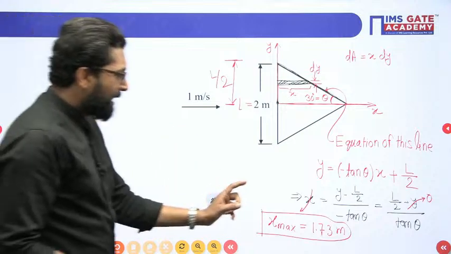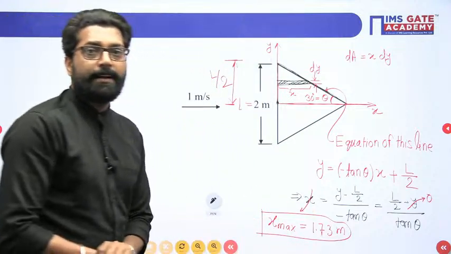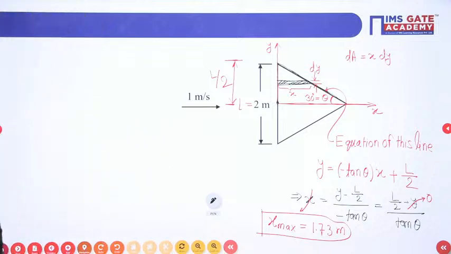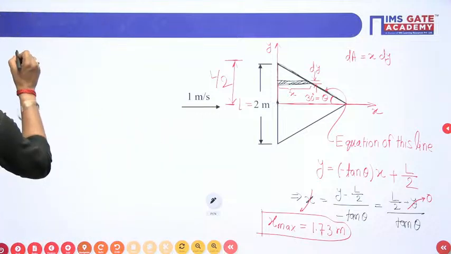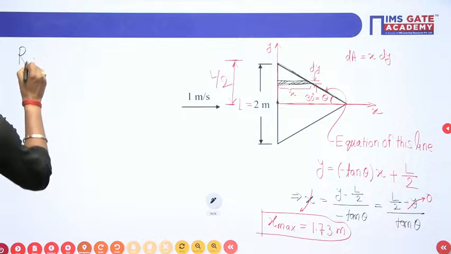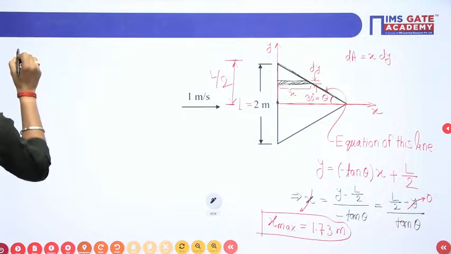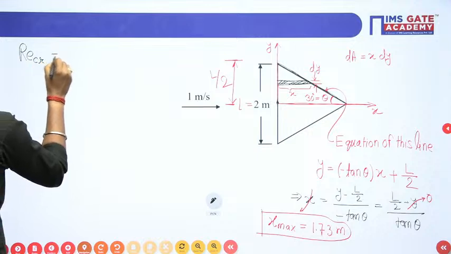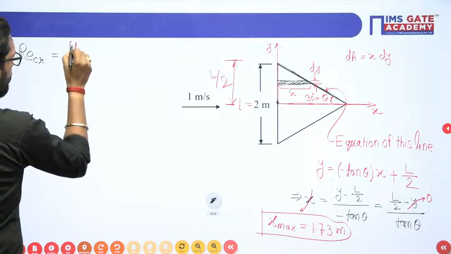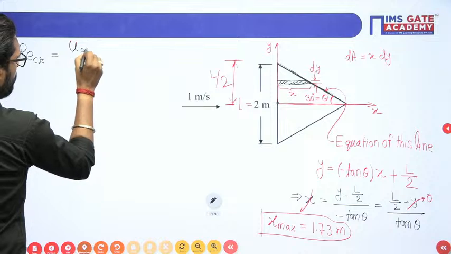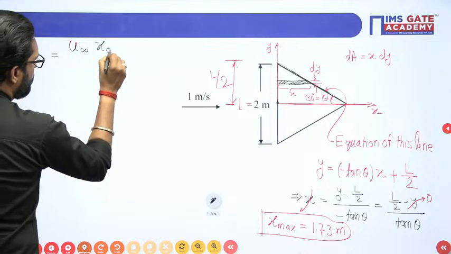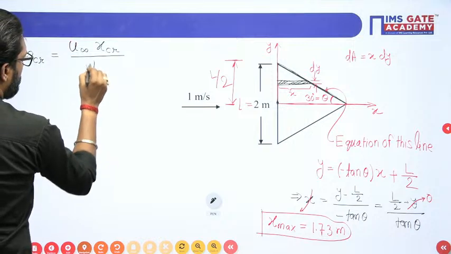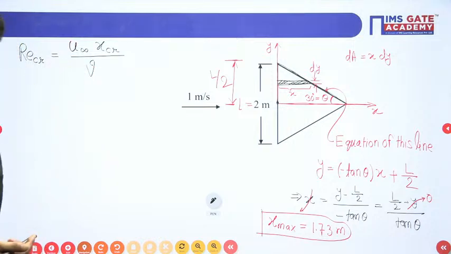Now that we have the maximum length of the plate, we have to find the critical distance. For that we apply the Reynolds number. Critical Reynolds number is equal to free stream velocity into critical distance divided by kinematic viscosity. You know this Reynolds number?